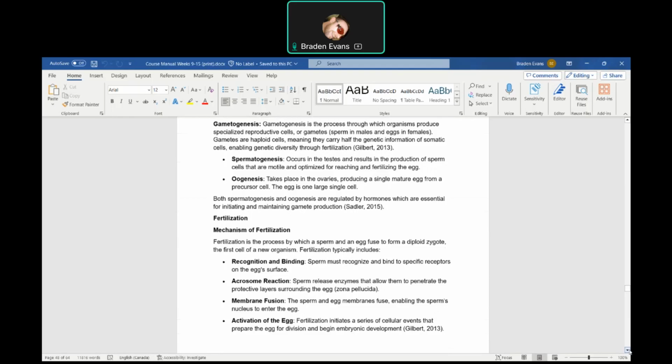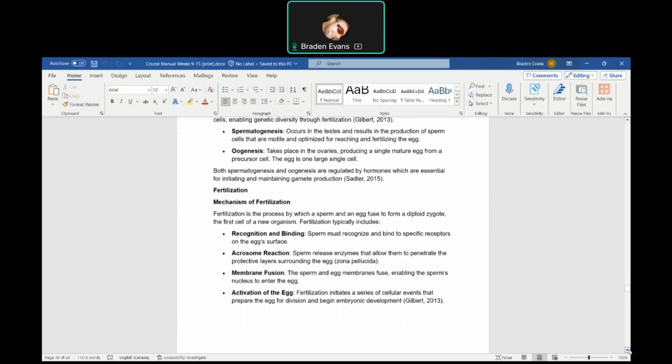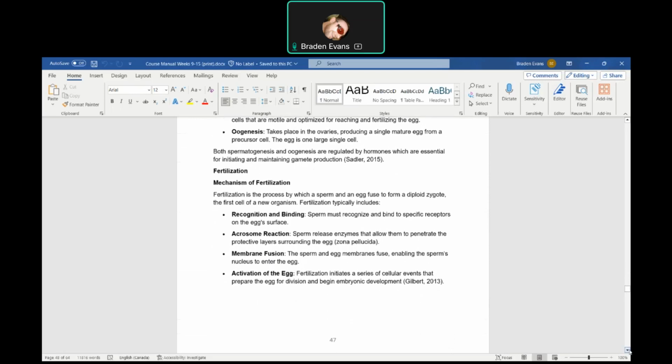So in males, it's spermatogenesis, okay? So in the testes, you get the production of sperm, and sperm are individual cells that are mobile, right? They move and they swim towards an egg with the goal of fertilizing it. And then oogenesis on the female side, it's the production of that egg inside the ovaries, right?